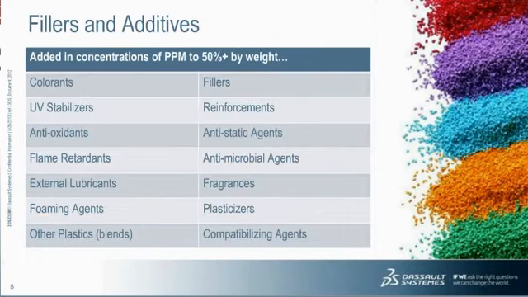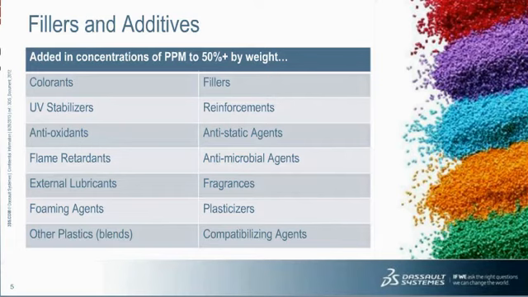There are also lots of fillers and additives you can add to these materials. So things like colorants, UV stabilizers, antioxidants, reinforcements, external lubricants, etc. And all these different things basically allow you to custom tailor a specific plastic for your end-use application.